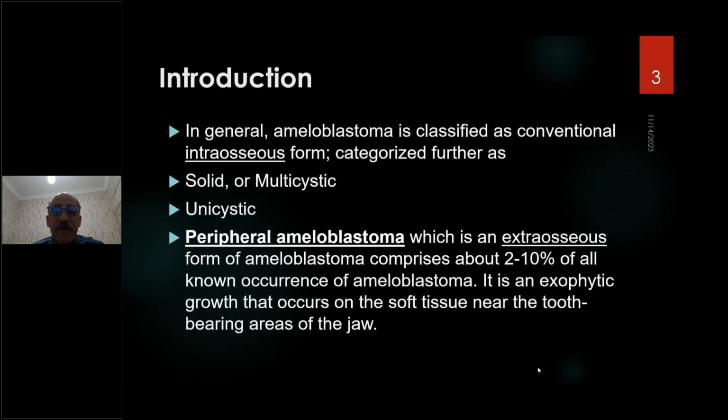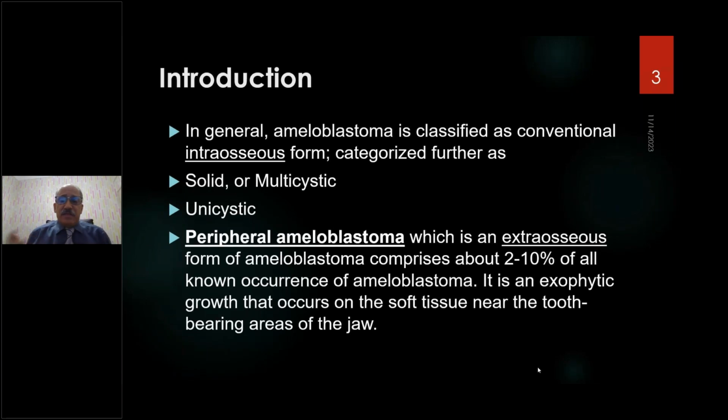So the intraosseous is the most common compared to the extraosseous, which is the peripheral ameloblastoma. The intraosseous is presented as solid multicystic ameloblastoma, unicystic ameloblastoma, and multicystic. We all know that the radiographic appearance of this type is sometimes very similar to odontogenic keratocyst.